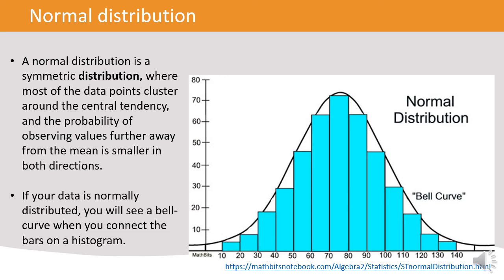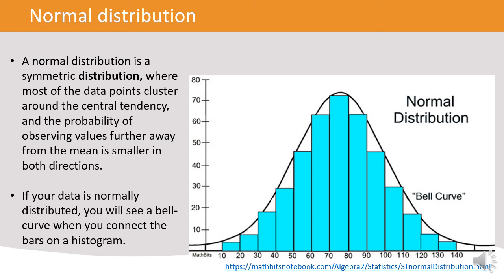Let us assume that this histogram is a representation of math scores where the math test counted out of 150. As you can see, the majority of students that took the test obtained a raw score between 70 and 80.